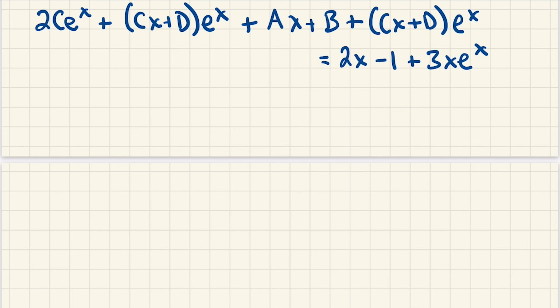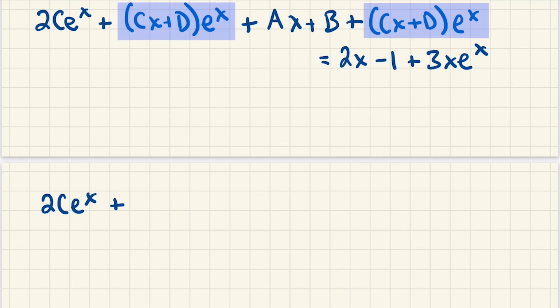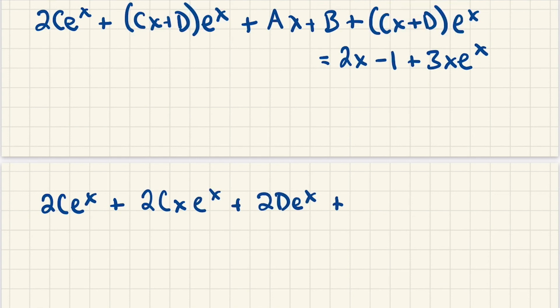So let's combine by power of x and just the exponential as well. So we have 2c e to the x plus, let's distribute. Actually, let's notice that we have two copies of this cx plus d e to the x. So we can distribute right away. We say 2cx e to the x plus 2d e to the x plus ax plus b.